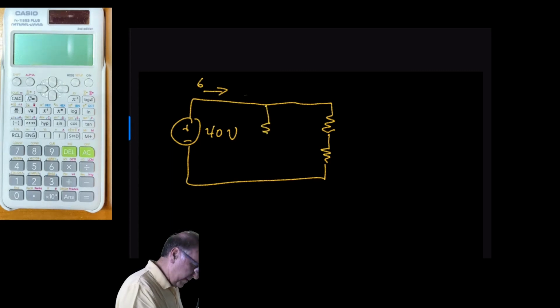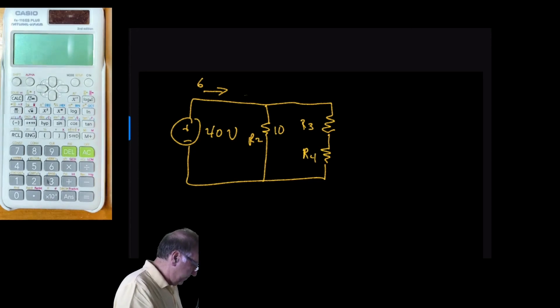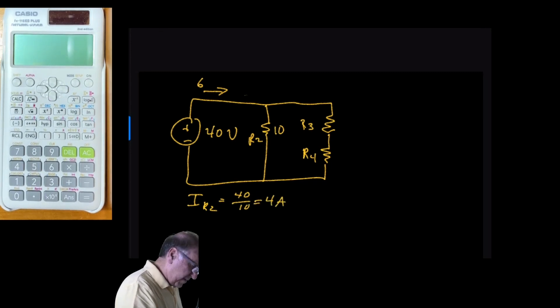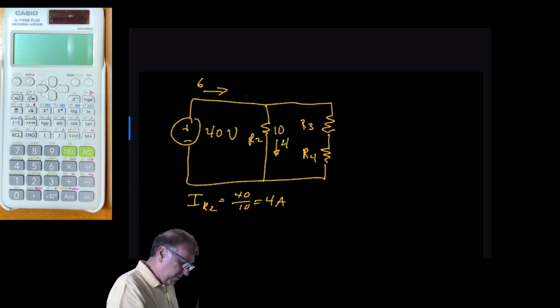We have R2, 10 ohms, R3, and R4. So we want to calculate the current through R2. That's 40 volts over 10 equals 4 amps. So we have 4 amps of current going through the R2 leg of this circuit.